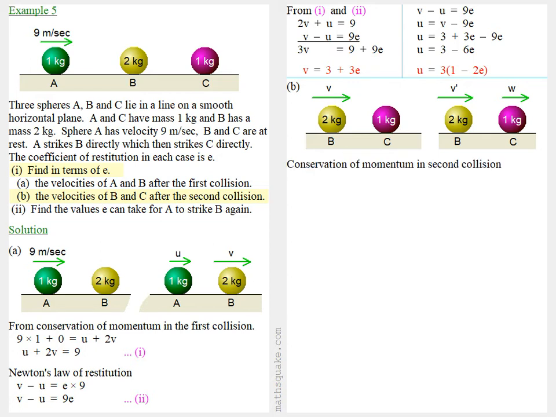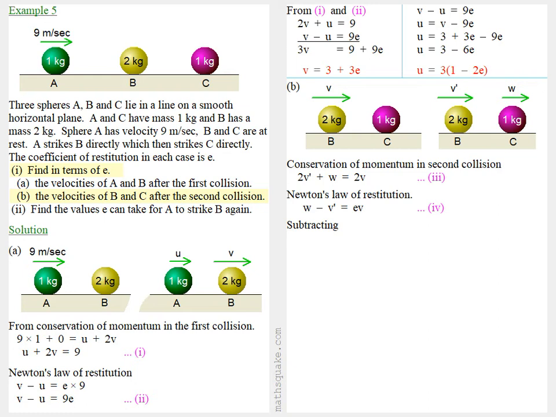Then from conservation of momentum in the second collision, we've got 2 times v plus 1 times naught equals 2 times v dash plus 1 times w. That is, 2v dash plus w equals 2v. And from Newton's law of restitution, we've got the speed of separation is w minus v dash, and that's e times the speed of approach, ev.